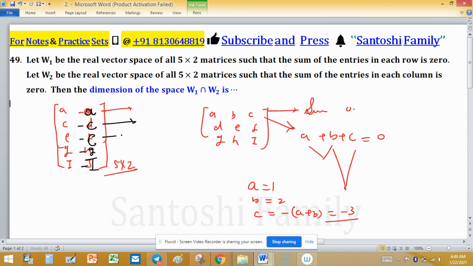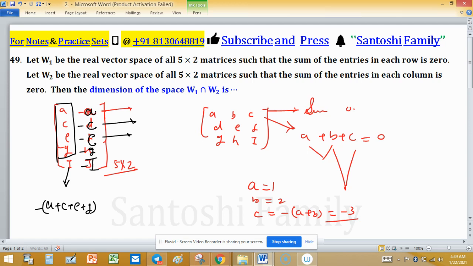This is the property of W1. By the property of W2, the column sum is 0. Suppose for convenience these four entries are non-zero or independent choices, then the last entry will depend on their sum. It means this I entry will be the negative of A plus C plus E plus G.